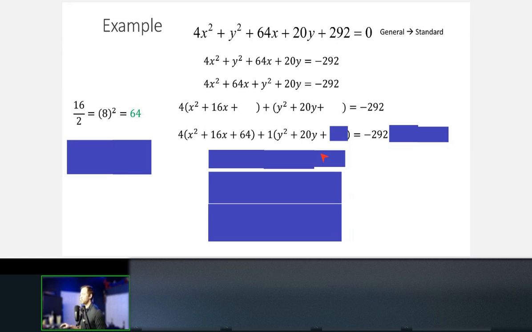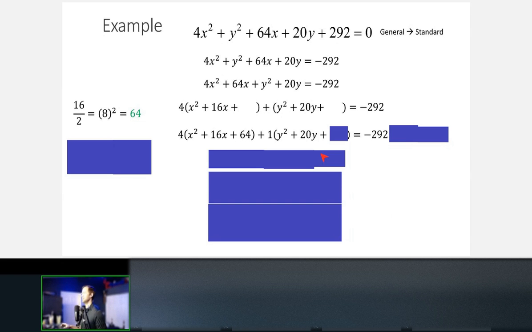So let's think. Are we really adding 64 to the left side? Like we wrote 64 there, but are we really adding 64 there? So Noah says we're really adding 64 times 4. Oh, I see a lot of you in chat, it's like the light bulb is turning on. So we're not really adding 64. We're really adding 4 times 64.